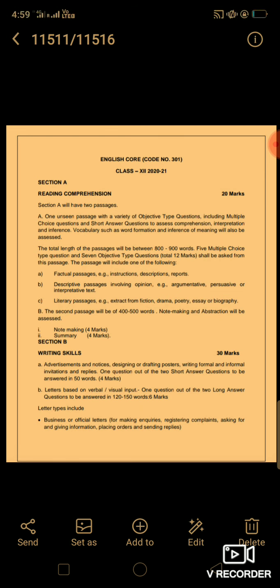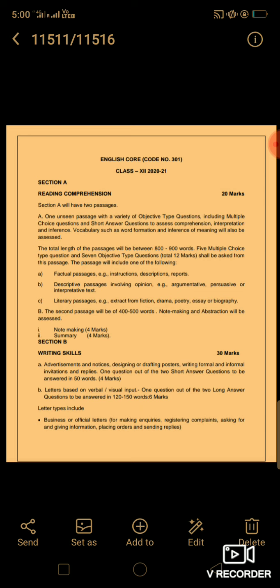The first type is factual passages. Let me tell you what a factual passage is. You should know well the difference between factual passages and descriptive passages. The third one is the literary passage, which almost every student knows.